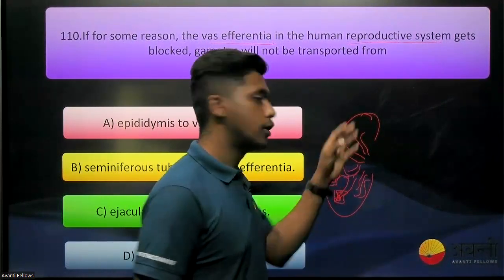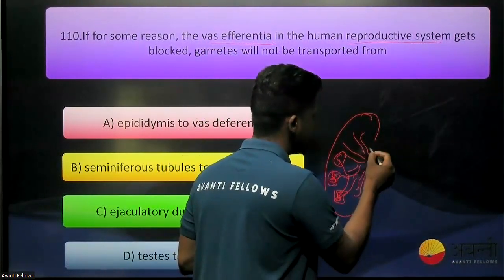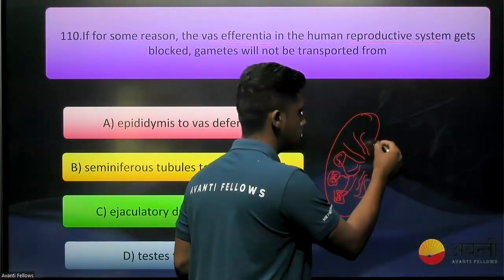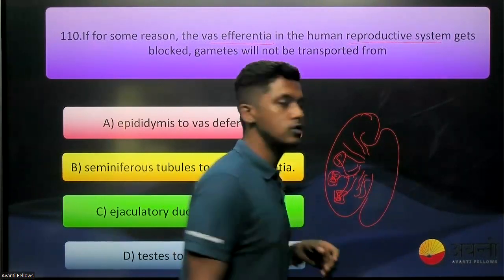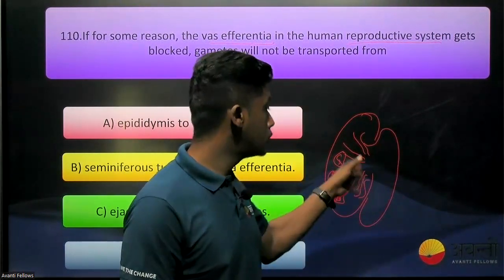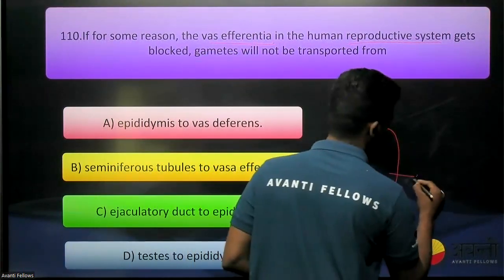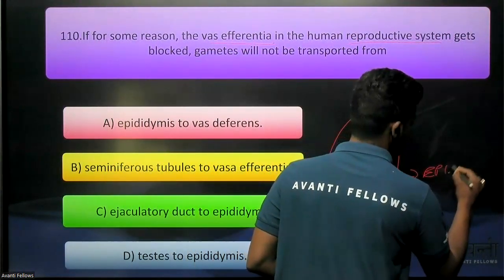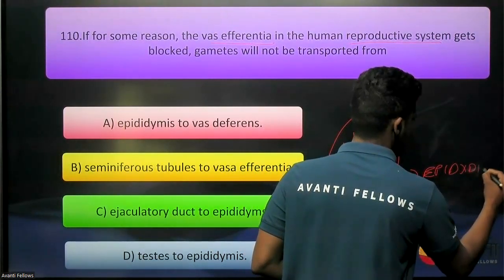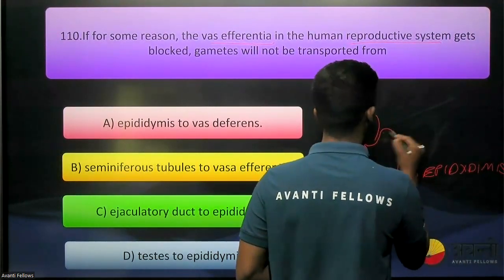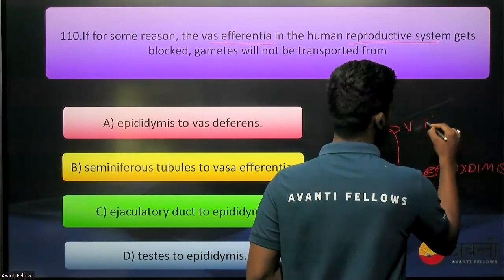Efferentia means inside to outside. So this vasa efferentia that is carrying the sperms will eventually lead to the outermost surface of the testis through the epididymis. So this is the epididymis and this is vasa efferentia.